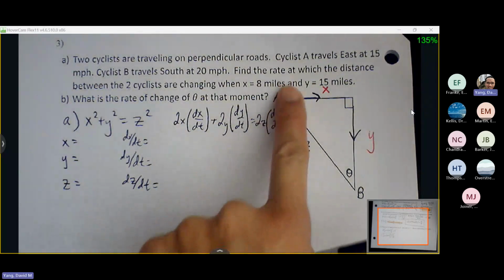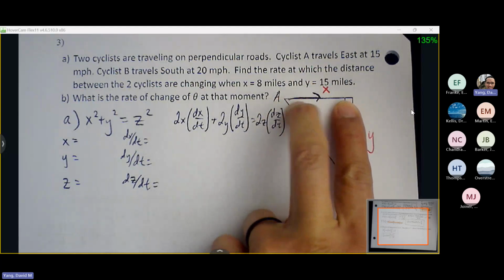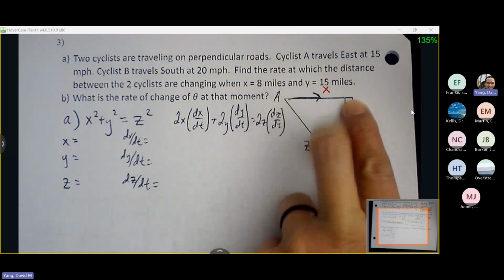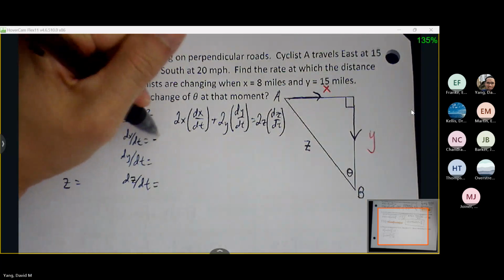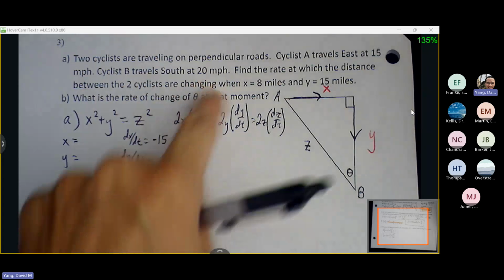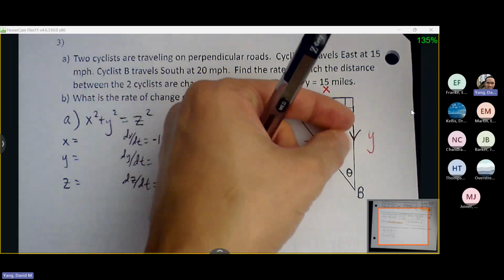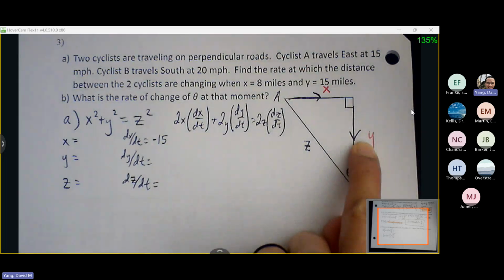All right, cyclist A travels east 15 miles per hour, but it's closing in. So we know that rate is going to be adjusted to be a negative, so negative 15. Cyclist B travels south. As he travels south at 20 miles per hour, he's causing this Y value to increase over time. So we want that rate to be a positive.